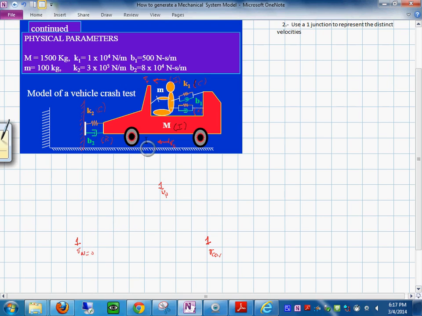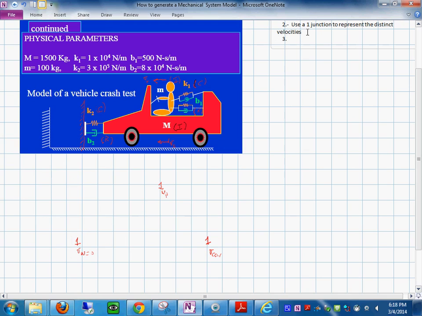So those are the velocities of the system, including a reference point, so that we can have a systematic procedure and the model has a reference point for the other velocities. So that's what we have, and we are done with step number 2.